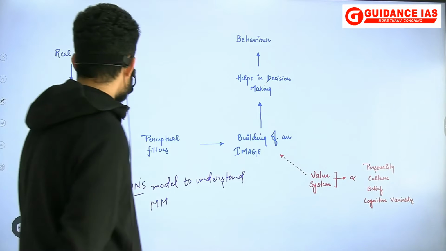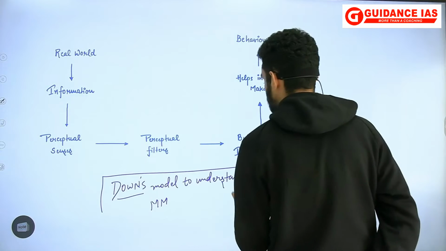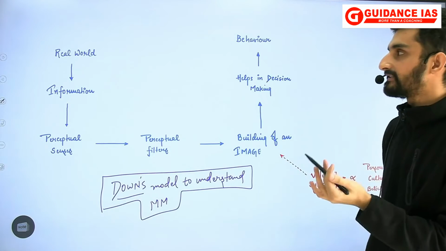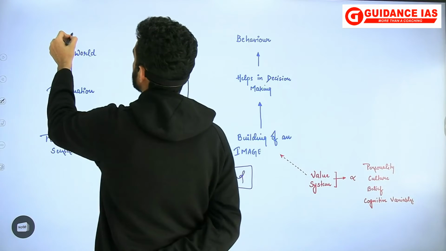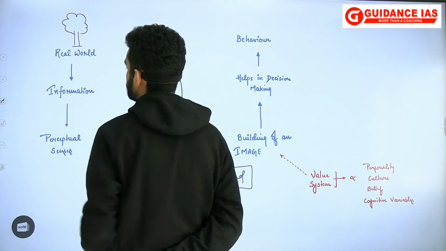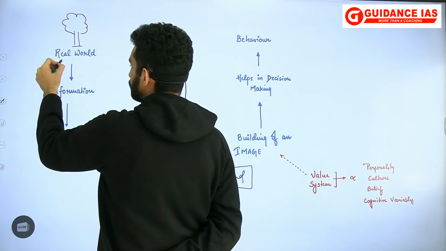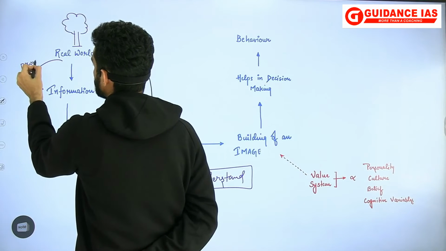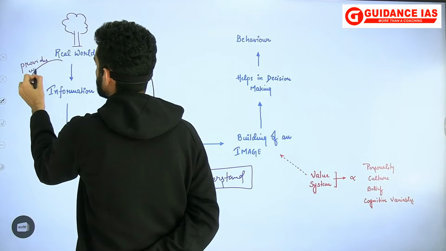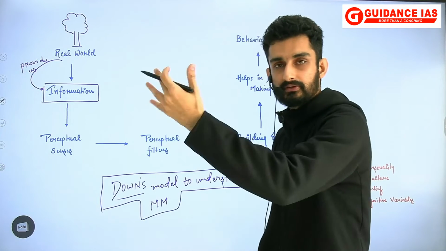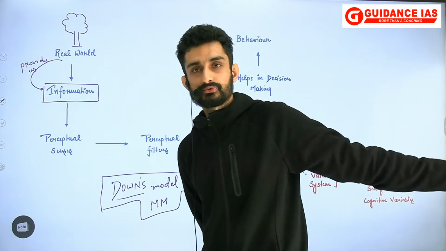So we can use the Downs model to understand the mental maps and the mental images to understand the behavior of individuals. So what it is saying is that there is something called as real world. Or real world में, let's say we are seeing a particular tree. This real world actually provides us with information. So we are actually receiving the information from the real world outside.